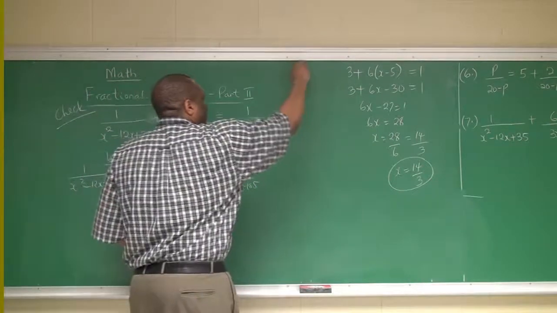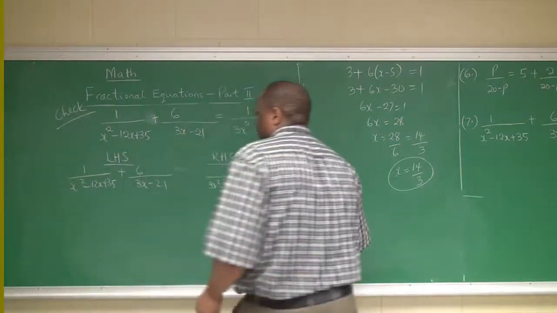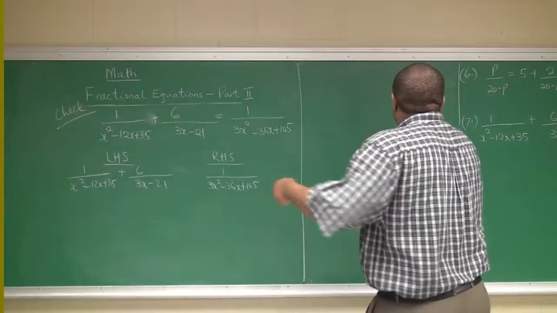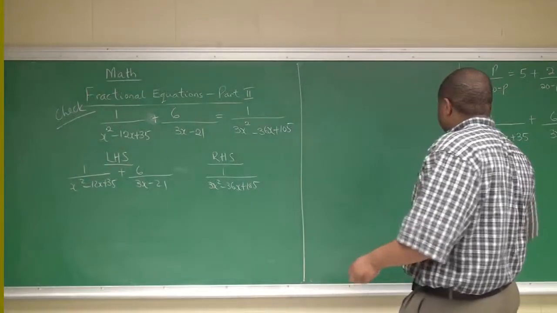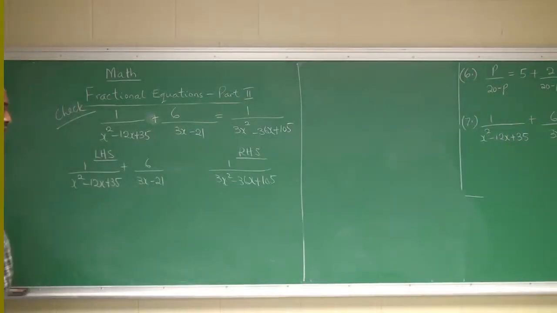Okay, we're going to check this. We'll just do it step by step. We got 14 over 3 as x.